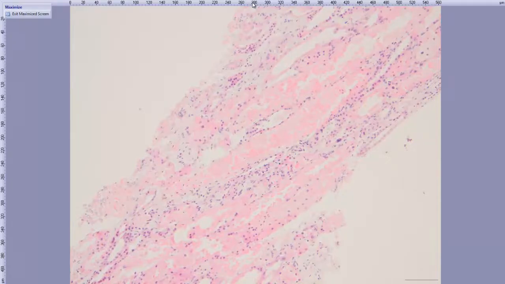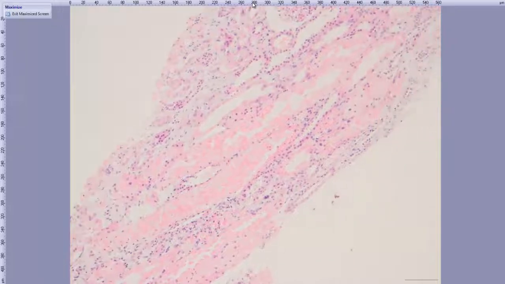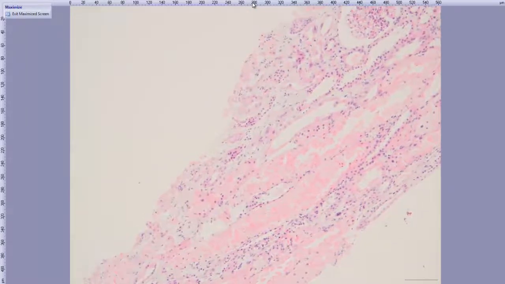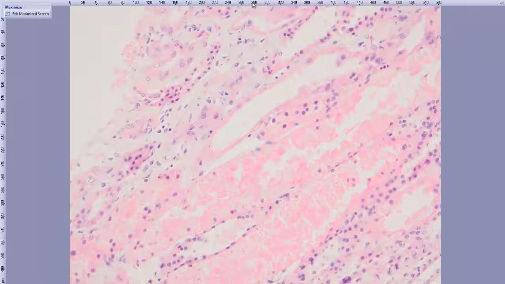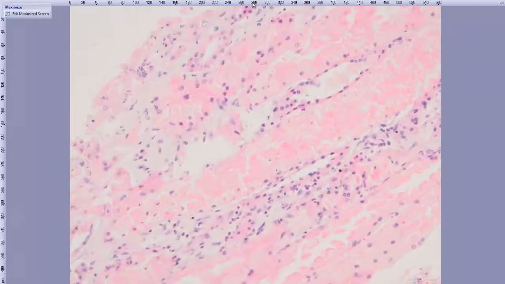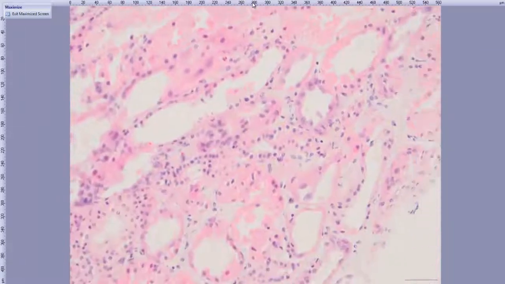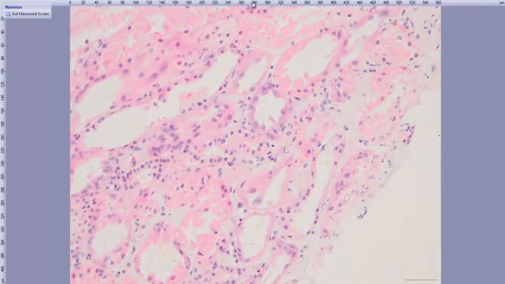And some of the epithelial cells have actually denuded into the lumen. You can see that they're very swollen. Whereas other tubules, the epithelium is thinner, the lumen is wider. You can make out the nuclear enlargement and hyperchromasia. They look simplified, these tubular epithelial cells, as you can see here.